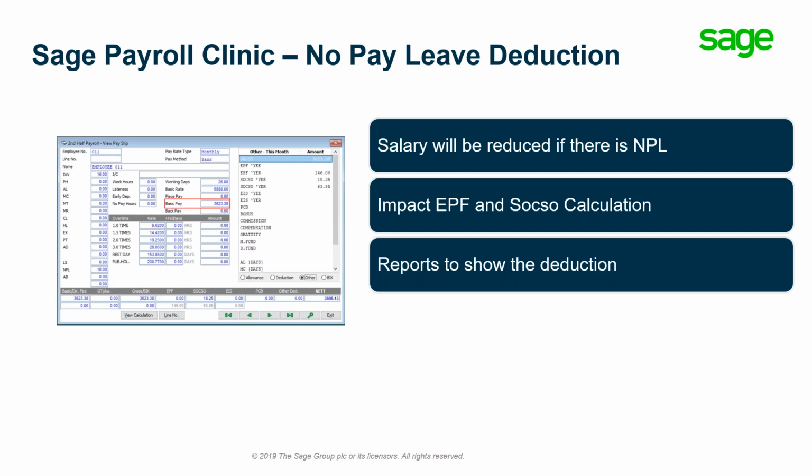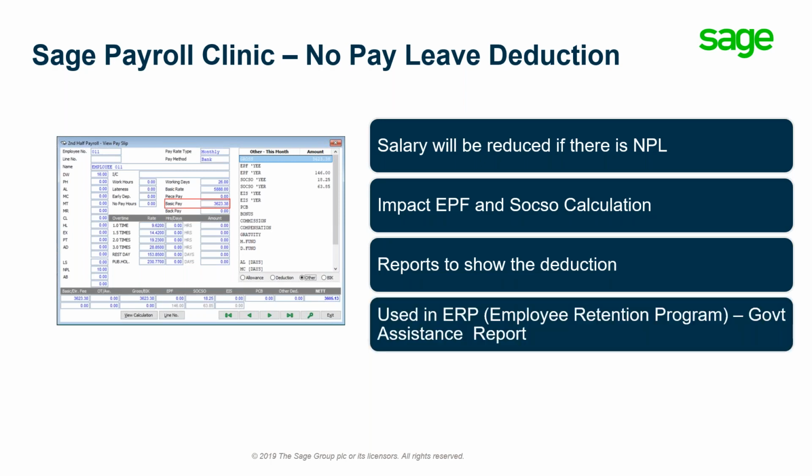In the reports, you will be able to see the no pay leave information, how many days are deducted. It's very important that when you do this deduction, you don't simply replace the salary, because the ordinary salary should still be there.